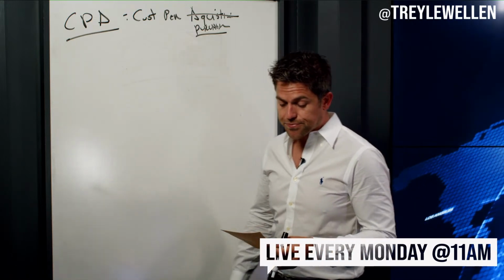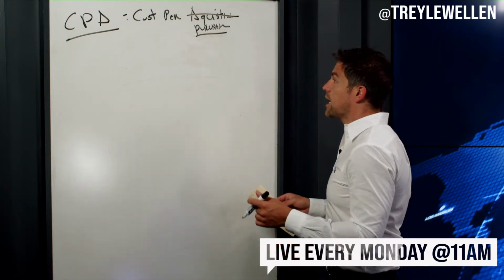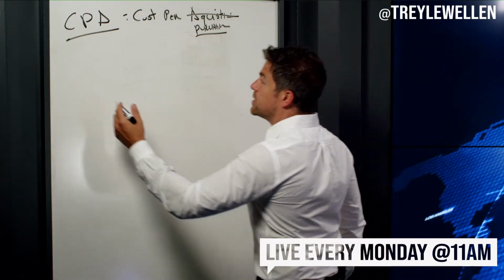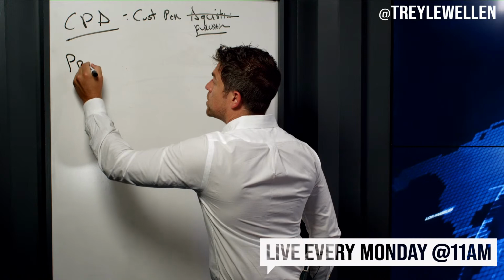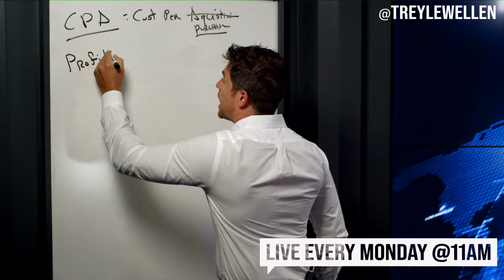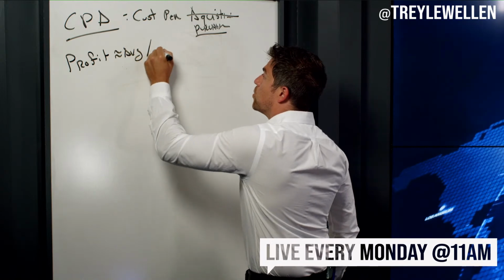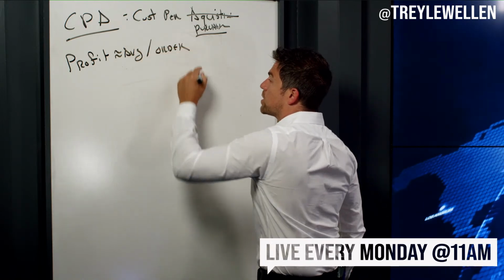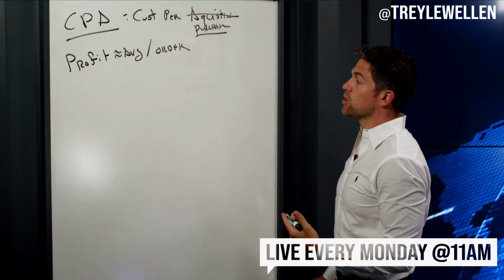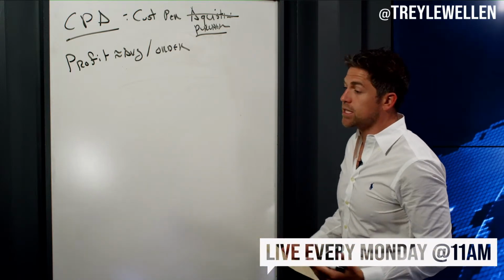So a couple things you want to do is you need to calculate your profit. That's what we need to know first: what is our profit on average, per order that comes in. We're going to have big orders and small orders, right? Maybe you're selling calculators.